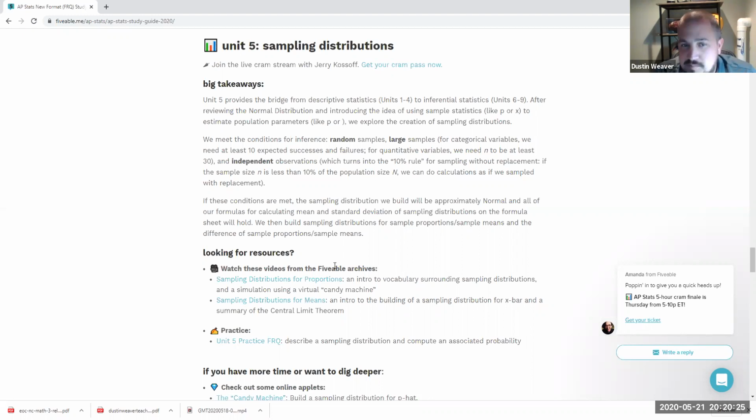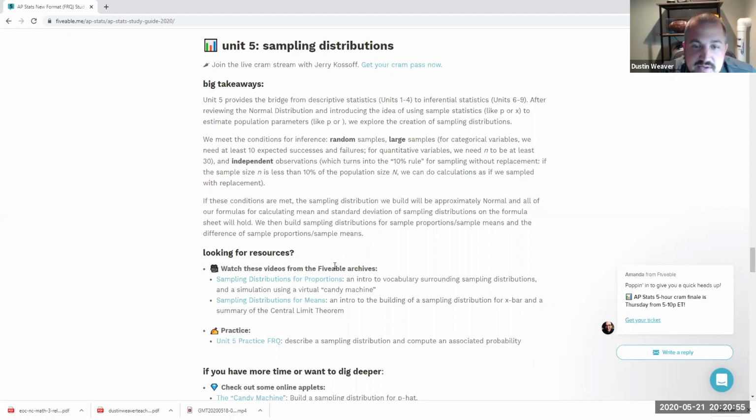And then independent observations, which is basically the 10% rule, which means our sample size must be less than 10% of the population. Another way of saying that is our population needs to be at least 10 times the size of our sample. If these three conditions are met, the sampling distribution will be approximately normal, and all of our formulas for calculating the mean and standard deviation on the formula sheet will hold.